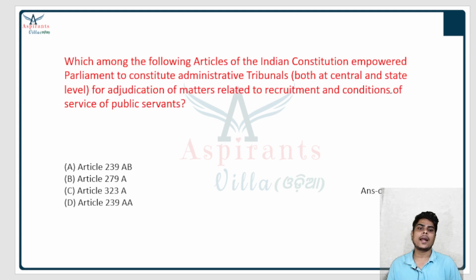Which among the following articles of the Indian Constitution empowers the Parliament to constitute administrative tribunals both at central and state level for adjudication of matters related to recruitment and conditions of service of public servants? The right answer is C, Article 323A.